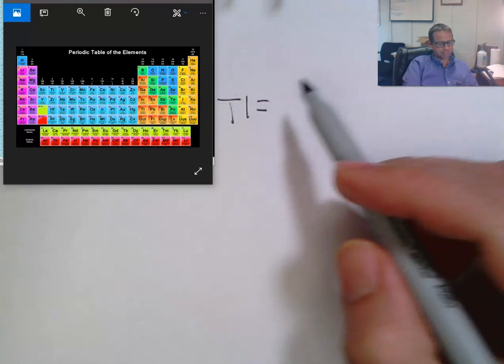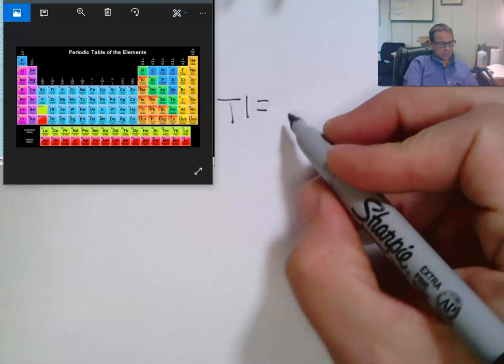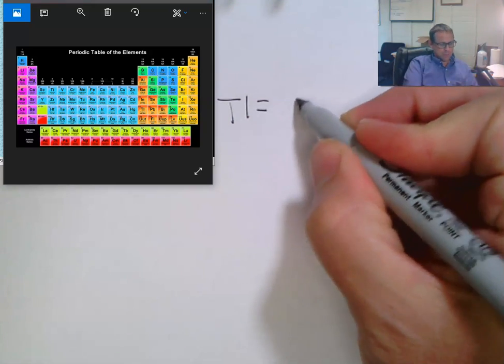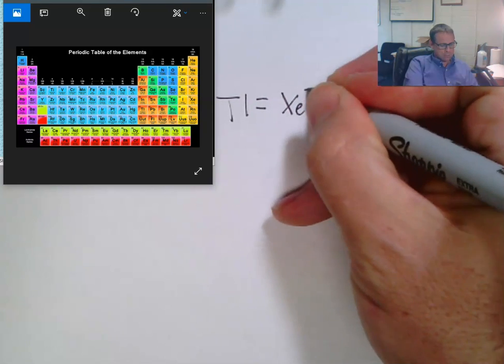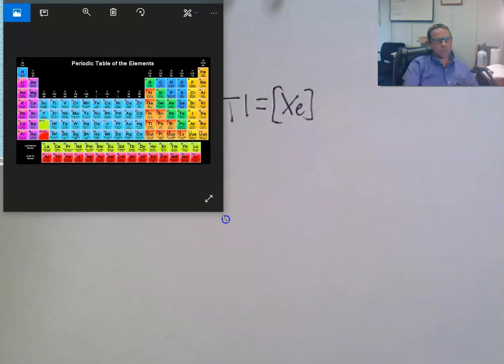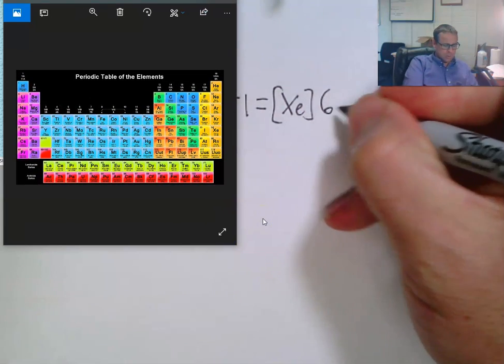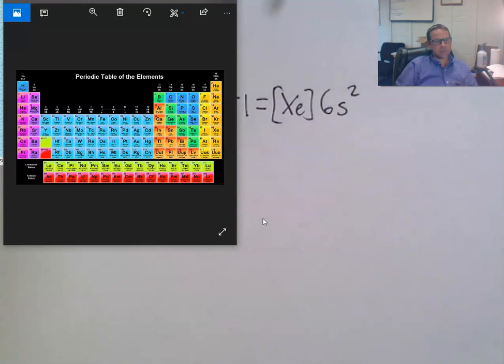Yeah. So first it would just be xenon. Uh-huh, that's right, our xenon core. And then that's 6s2. Very good. She knew it was the 6 because we're on the 6th row, S block, 2 electrons.